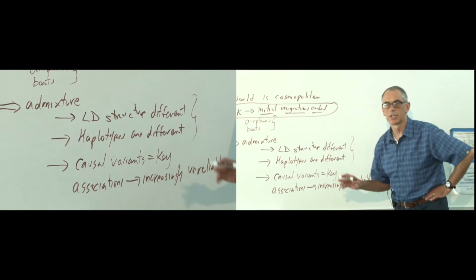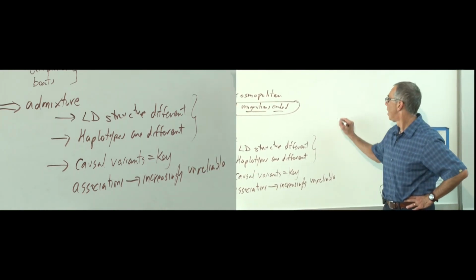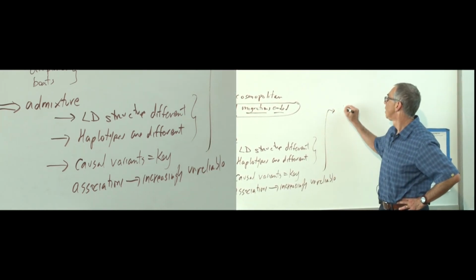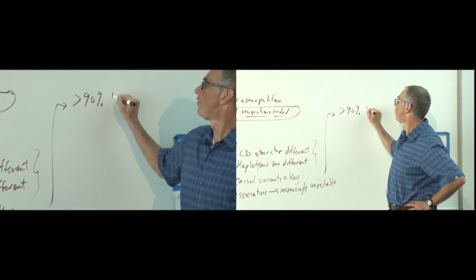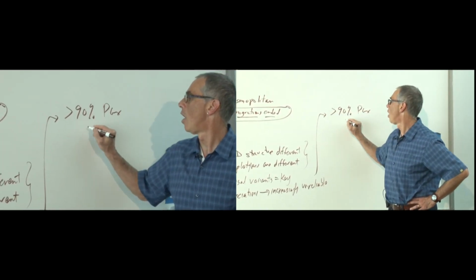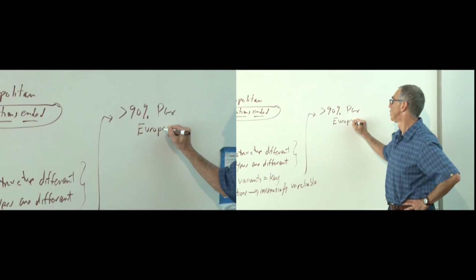This is made worse because current pharmacogenomic knowledge, in one study that I've seen, more than 90% of pharmacogenomics papers are on European populations.